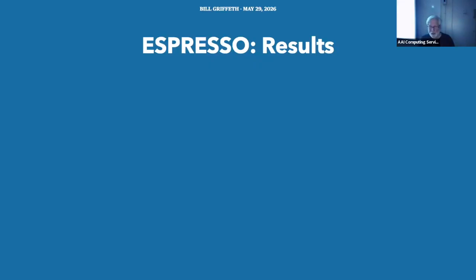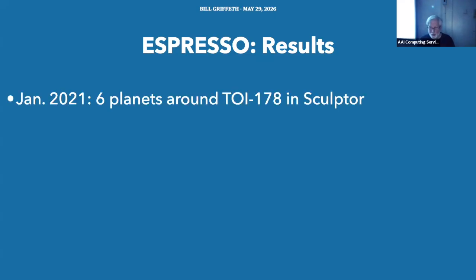And here are some of the results obtained by using ESPRESSO. First, January 2021, 6 planets around TOI 178 in the Sculptor constellation, 200 light years away, were found by multiple instruments, including ESPRESSO.